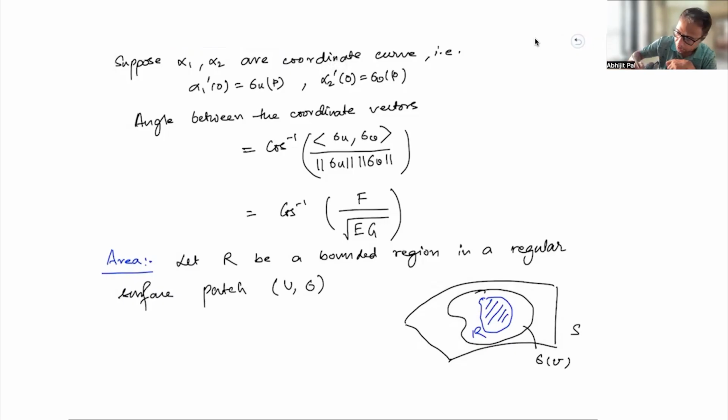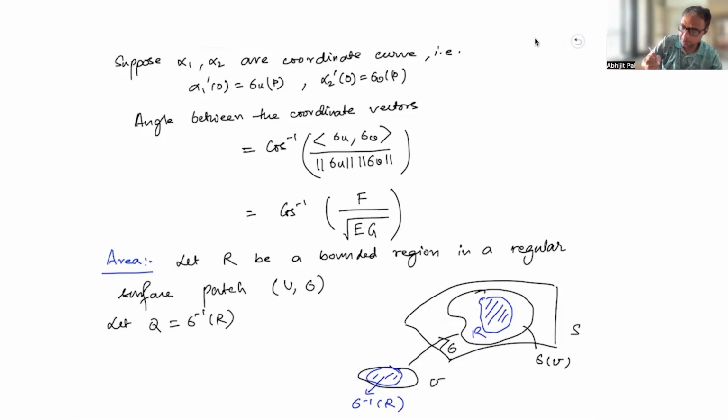Now we have a map sigma from U to sigma of U. What you do is pull back this R into U. So this is my sigma inverse R. Let Q be equal to sigma inverse R. Now, how do I define the area of this region R?